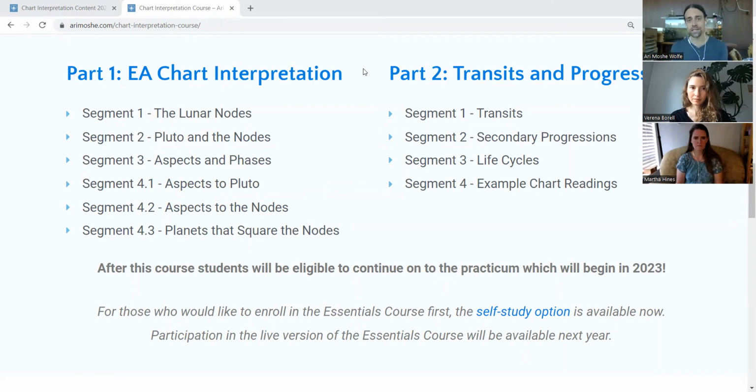And the second part is students will be interpreting charts by themselves with my guidance and support and feedback. So that's where all of this is going in 2023, where you actually get to have very direct training. This is great for those that haven't yet been giving readings and really want to start doing this professionally, want the support and the guidance. So that's what this course is all about.